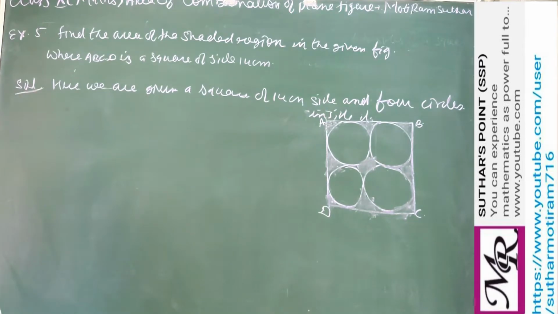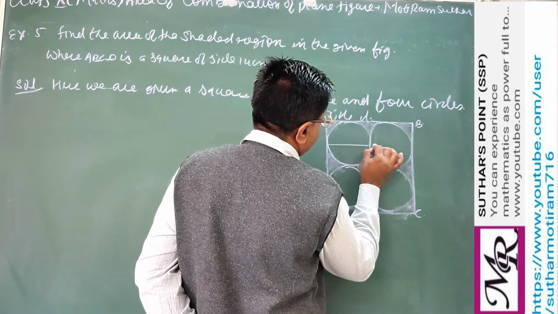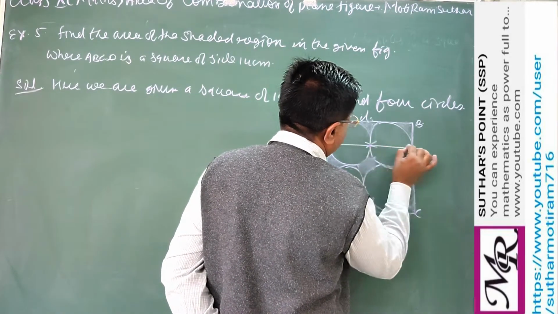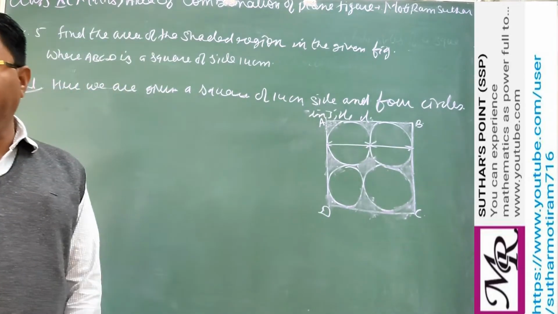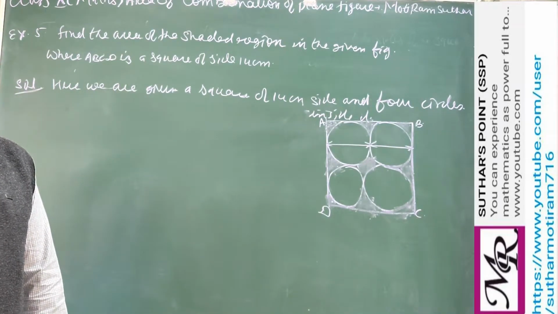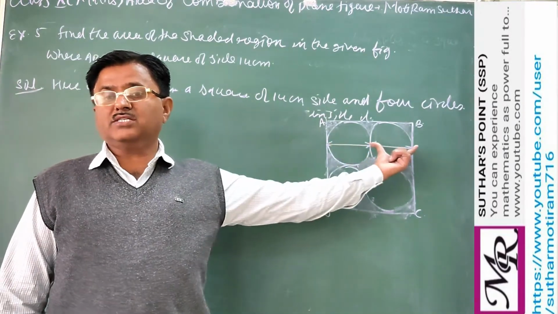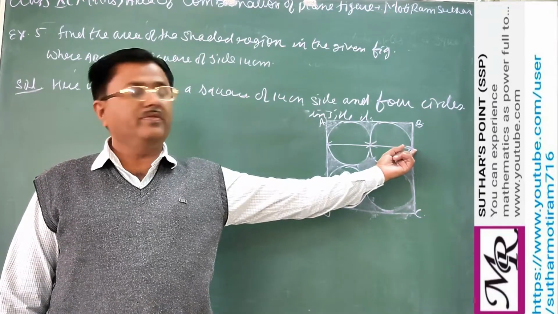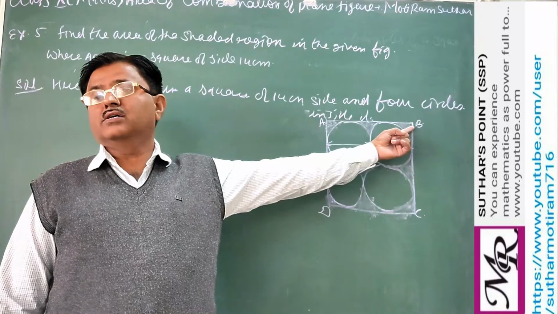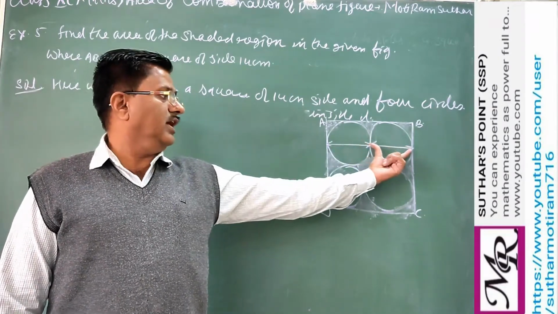Now look very carefully at the figure. We have to find the radius of the circle, but each circle has equal radius, as you can see in the figure. So the diameter of one circle plus the diameter of the other circle gives the length of the side of the square, because they are touching each other.